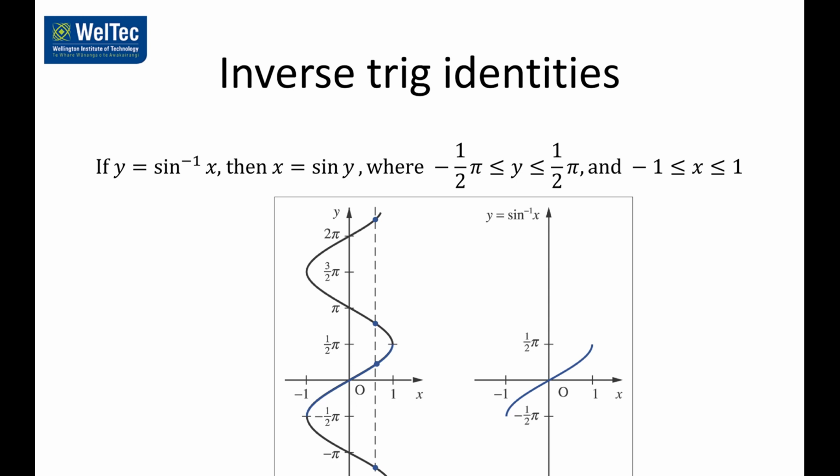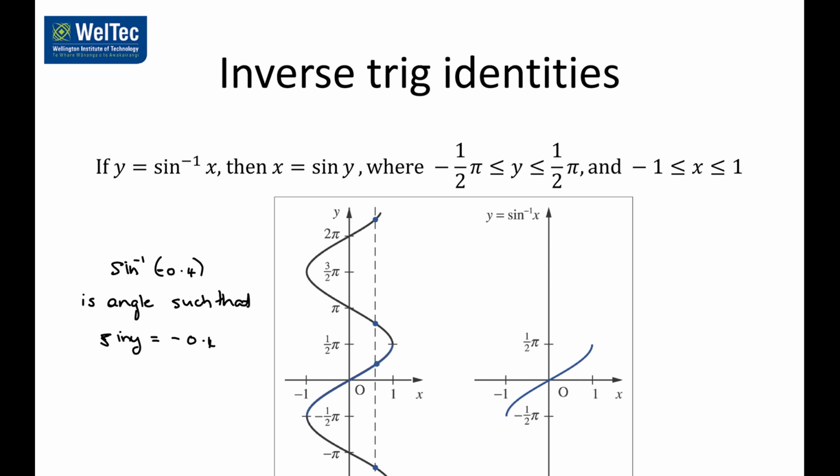But what we've got here is that sine inverse of, say, negative 0.4, is the angle such that sine y equals negative 0.4.